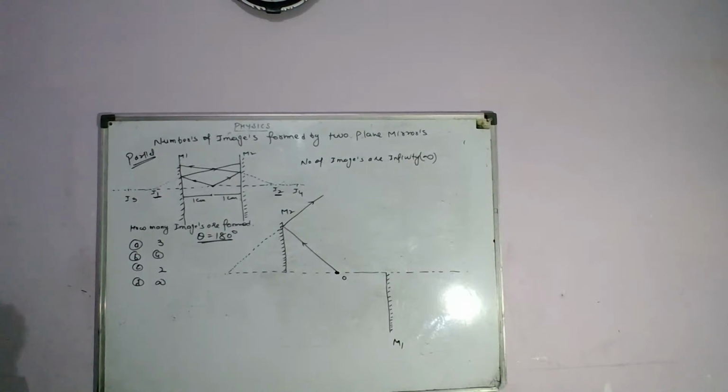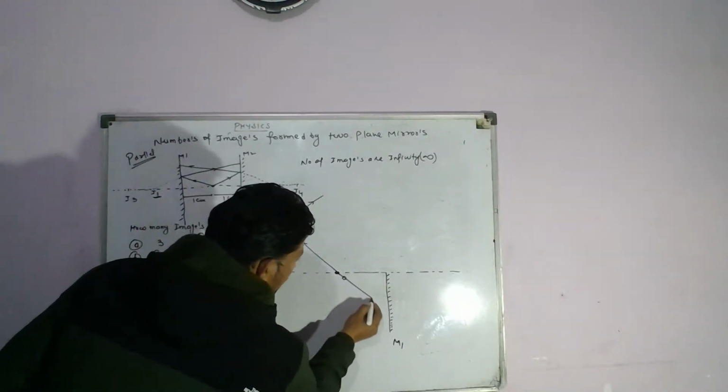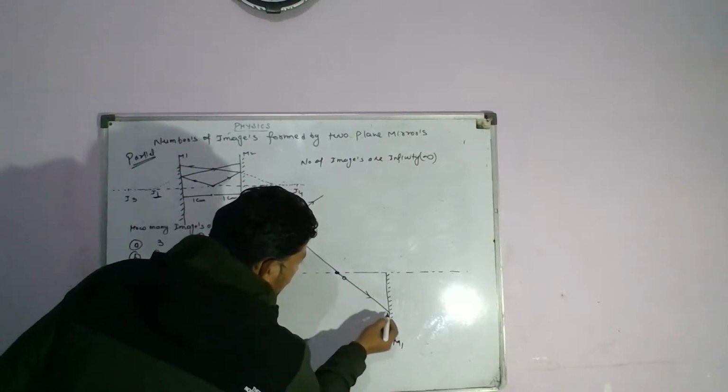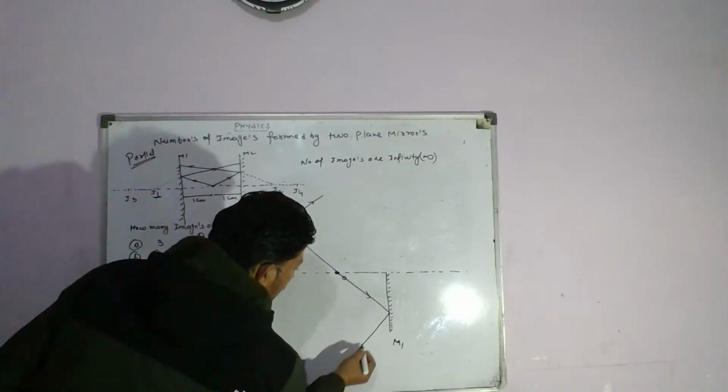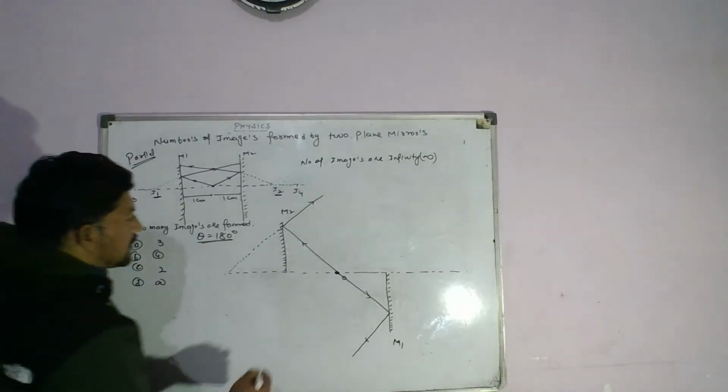So here again, on this side, the incident ray strikes on this point and the reflected ray goes. So you can see here. It means how many images are formed?